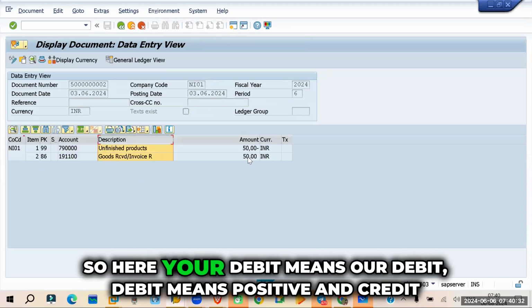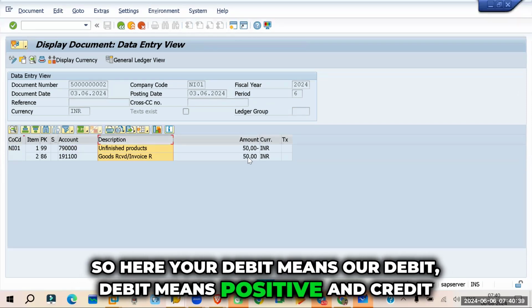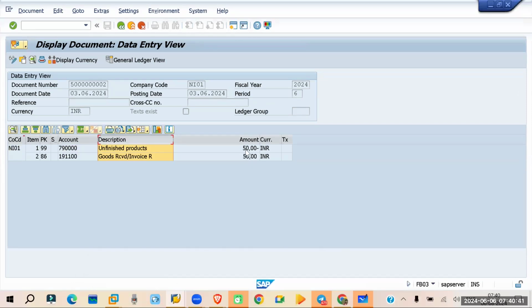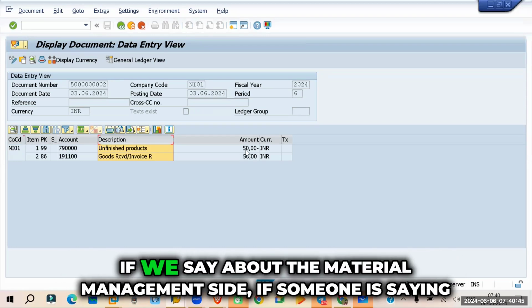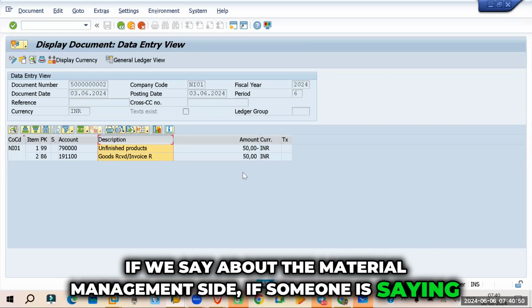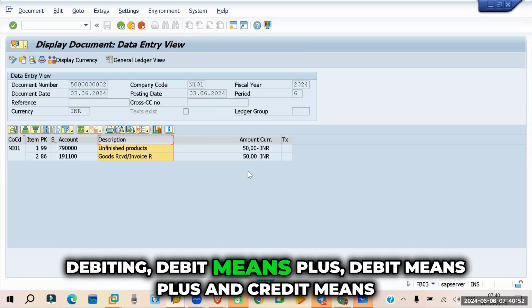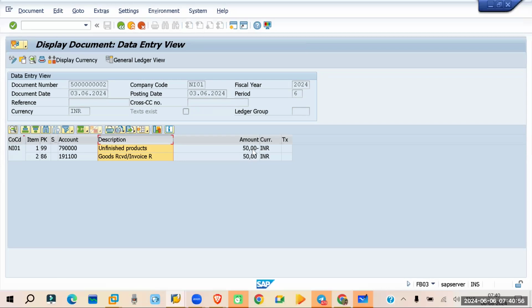Here, debit means positive and credit means negative. Just try to remember this thing in SAP. On the material management side, if someone says debiting, debit means plus, and credit means minus.